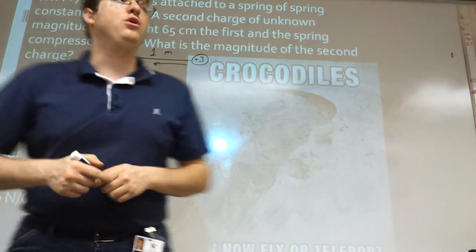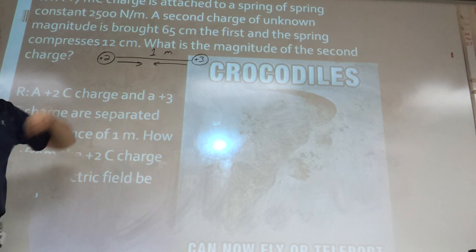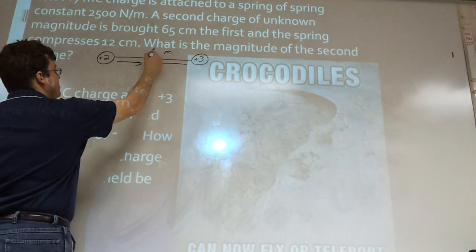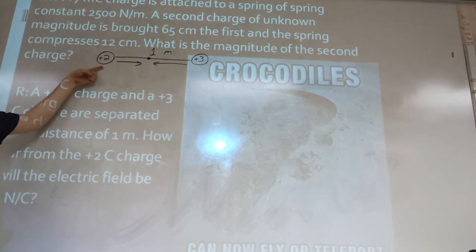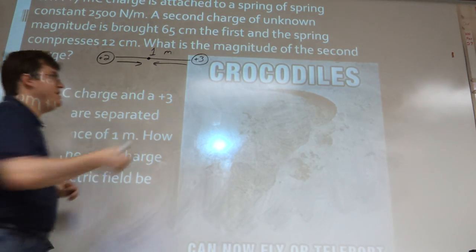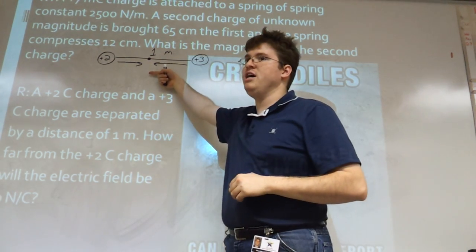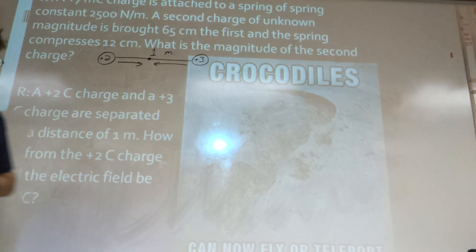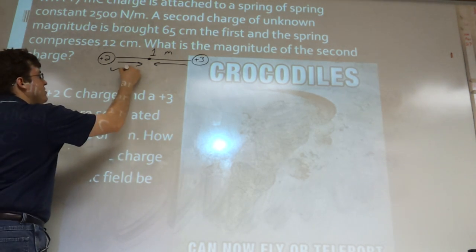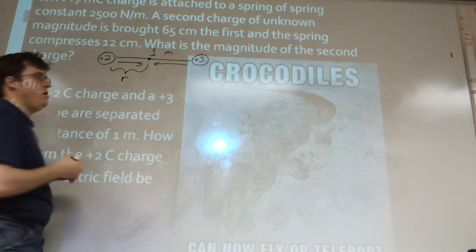Okay. So, in between these two charges, there is a point where the electric field from the 2 coulomb charge equals the electric field from the 3 coulomb charge, and they will completely cancel. Now, I'm going to call that point a distance r.